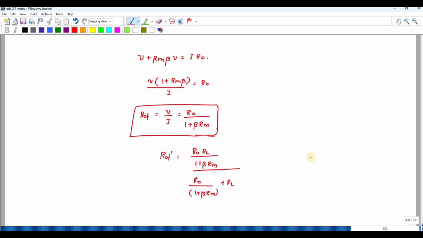Okay, so this I can write it like this, right? So you take this whole term here, you will get R naught plus RL into 1 plus beta Rm divided by 1 plus beta Rm. So this 1 plus beta Rm, 1 plus beta Rm get cancelled out.